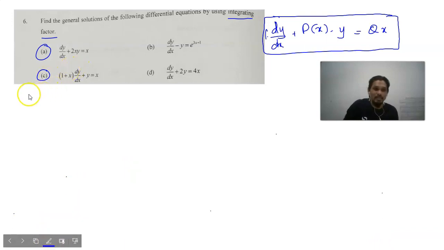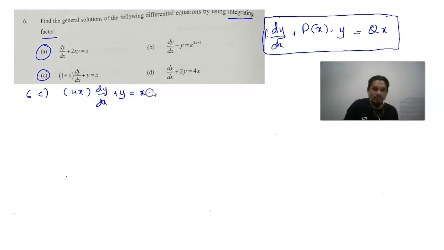Number 6C here: (1 plus x) dy/dx plus y equals x.